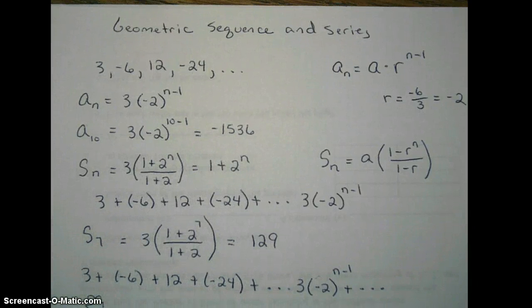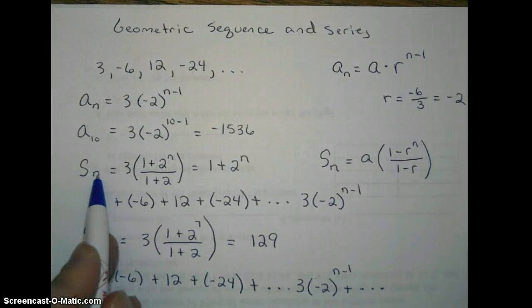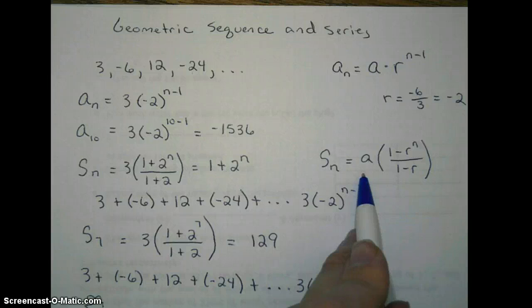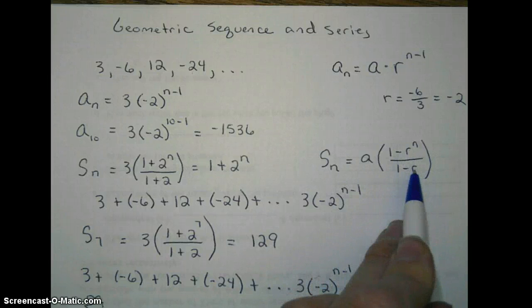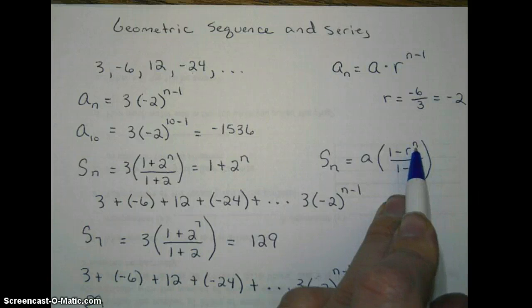Okay? Finding the sum of the first n terms, we have a formula for that. I wrote that formula right here, where a is the first term, r is the common ratio, and n is the number of terms we're summing.